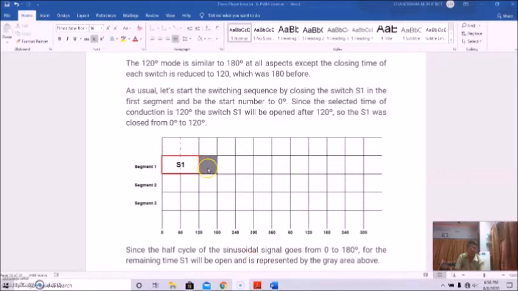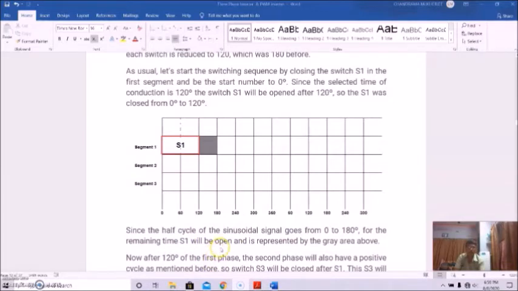If you remember our last class, the three-phase wave is well formed. The first half goes up to 180 degree, and then another 180 to 360 degree of the cycle. Since the half cycle of the sinusoidal wave goes from 0 to 180 degree, for the remaining time switch S1 will be open, represented by this gray area.